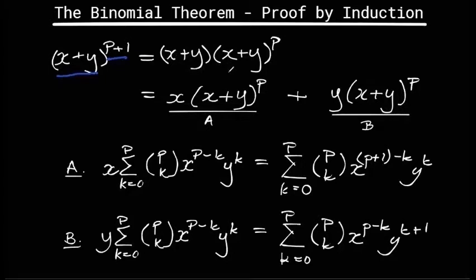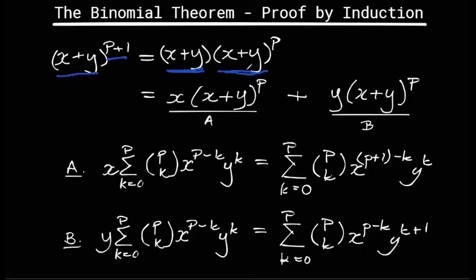And suppose also that we've already obtained this polynomial, x plus y to the power of p. Well, then what we could do is multiply by x plus y. Just as if we wanted x plus y all cubed, the cubic, we would multiply the quadratic, x plus y squared, by x plus y.